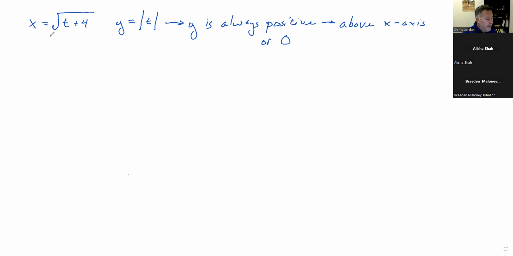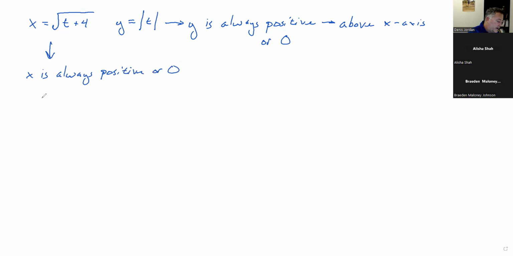But if you look back at your x equation, the same thing is happening. Because when you take the square root of any number, it's always going to come out as either 0 or a positive. So it can't be negative.